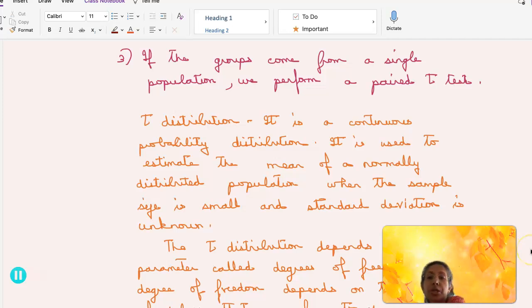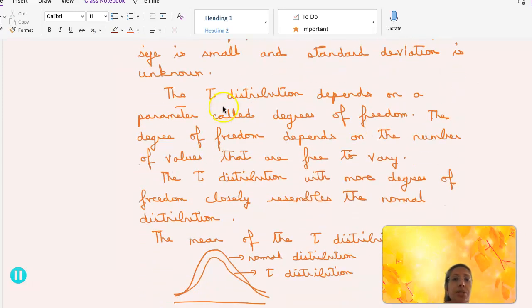Now, the t-distribution is a continuous probability distribution. It is used to estimate the mean of a normally distributed population when the sample size is small and the standard deviation is unknown. The t-distribution depends on a parameter called degrees of freedom, and the degrees of freedom depends on the number of values that are free to vary.